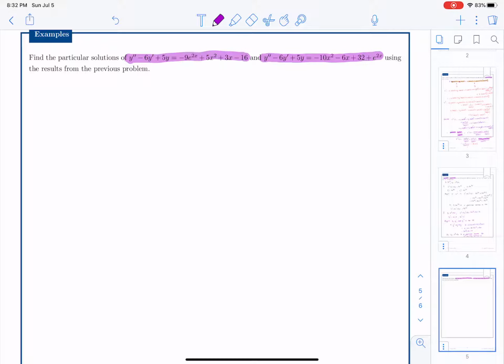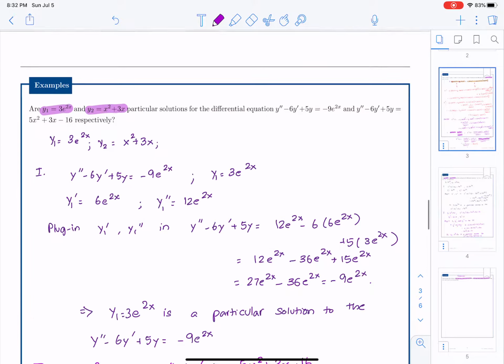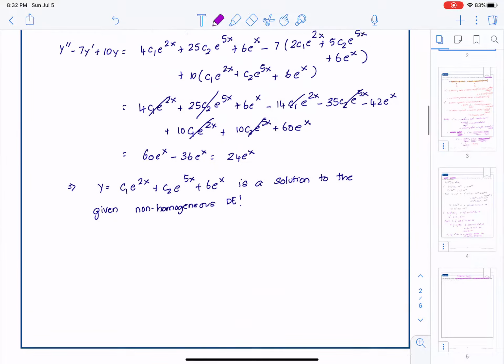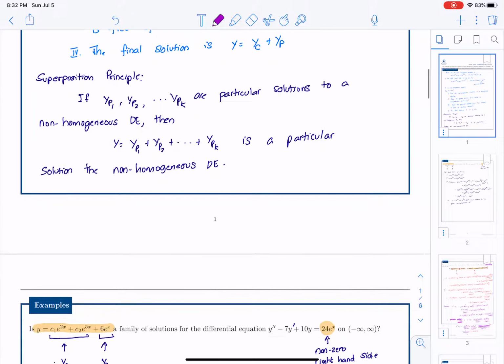The key thing to understand here is the superposition principle. I didn't write a generic case when I wrote the principle.